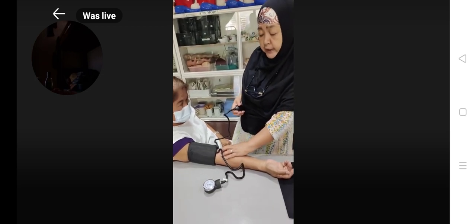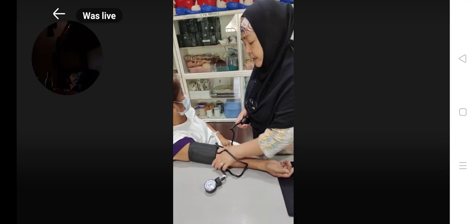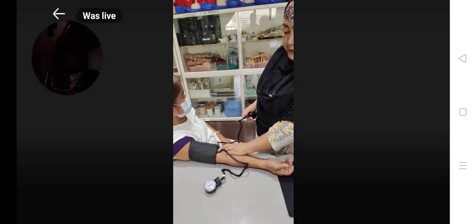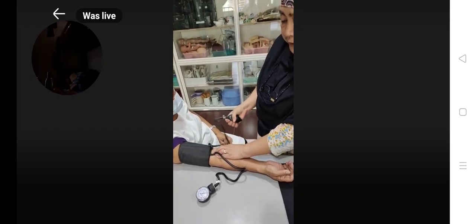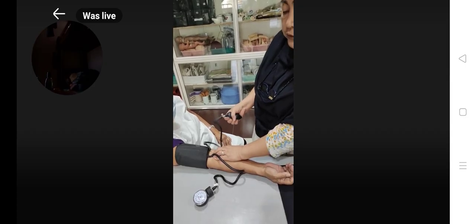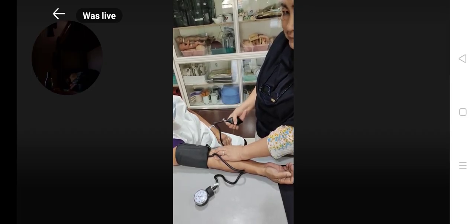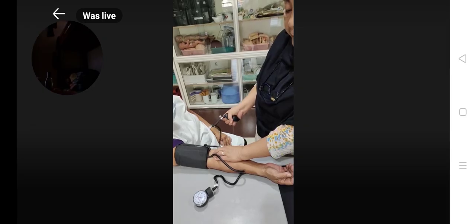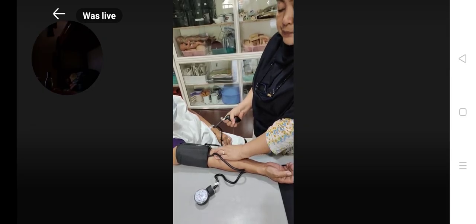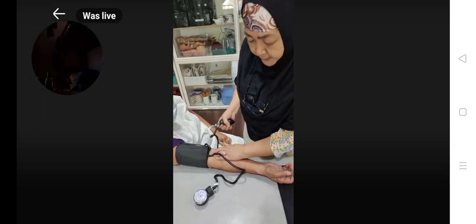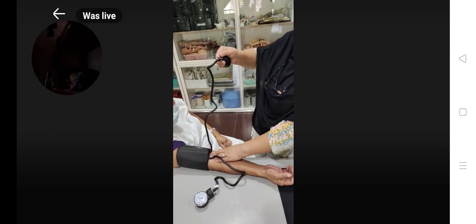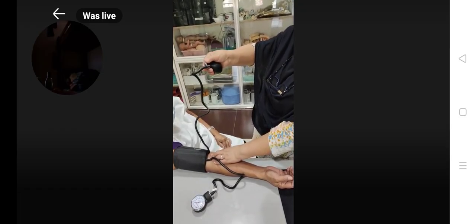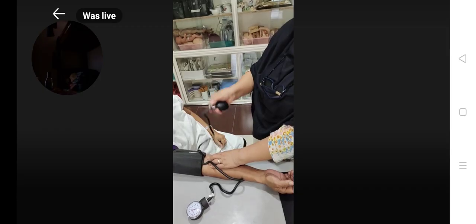My patient has a good pulse, so I'm going to pump my bulb until the last, the highest brachial pulse. I have taken 110, and then slowly deflate or open the screw so that the pointer will go down slowly.